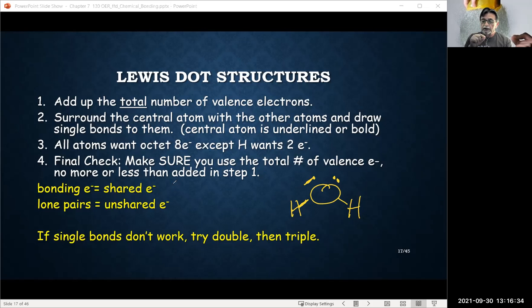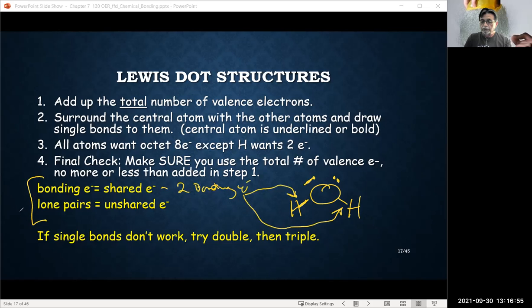Now we identify the bonding pair. Well, water has 2 bonding pairs, okay, right there and right there. Then we identify the lone pair.